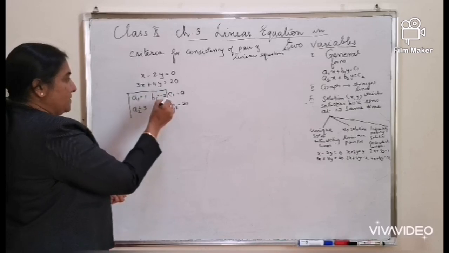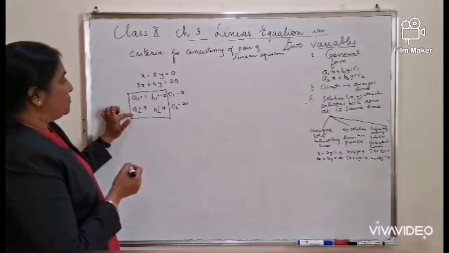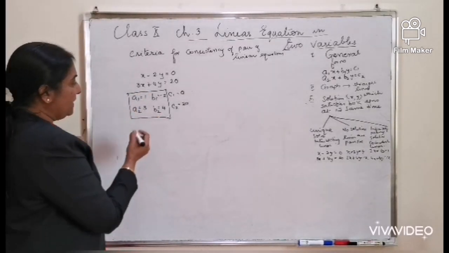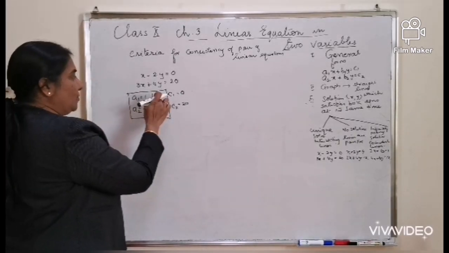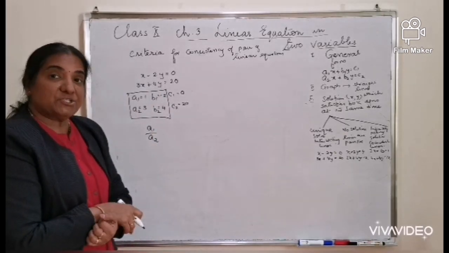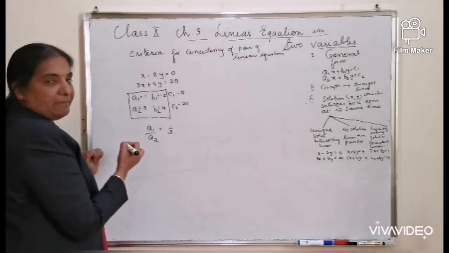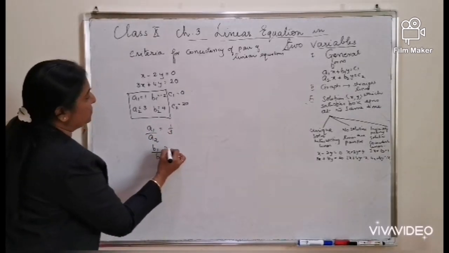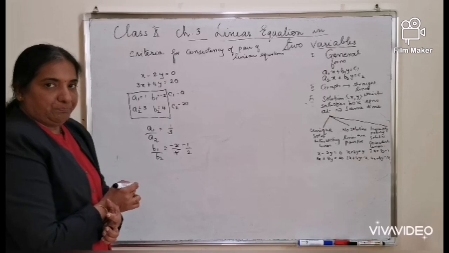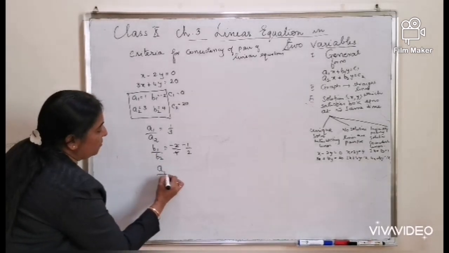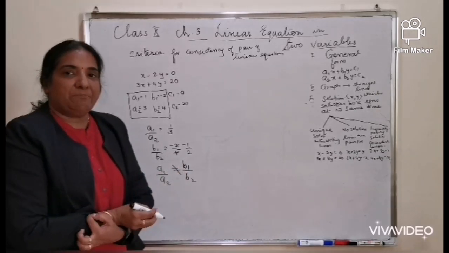When you look at the values, we can derive a condition between a1, a2, b1 and b2. The ratio a1 by a2 is 1 by 3 and the ratio b1 by b2 is minus 2 by 4, which is the same as minus 1 by 2. They are not equal. Here there is no equality among the ratios of a1 by a2 and b1 by b2.